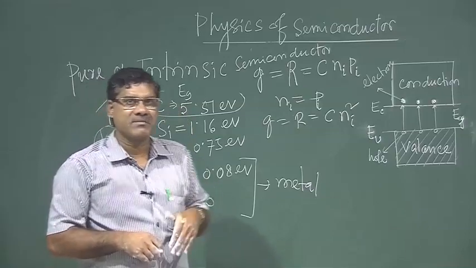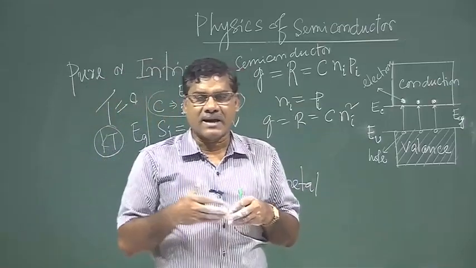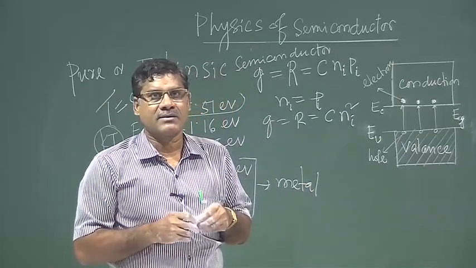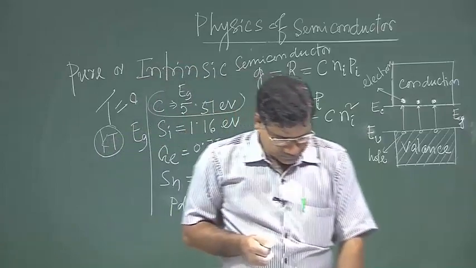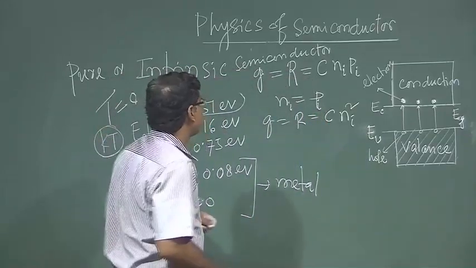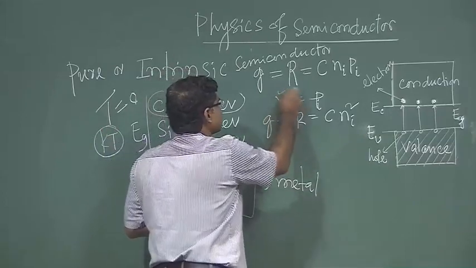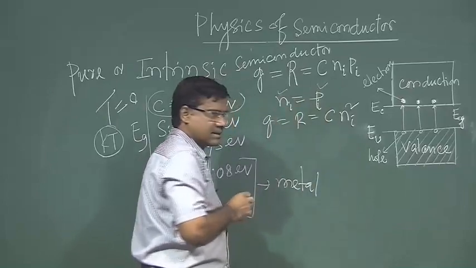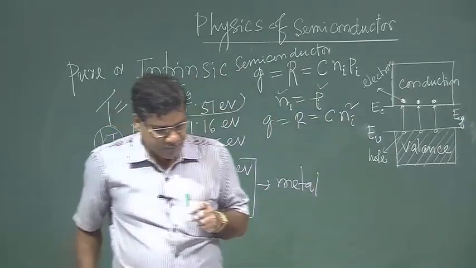If it is very high, you need a very high temperature, which you cannot apply in principle and it will not be useful. These are intrinsic semiconductors, and the concentration of holes and electrons are equal.